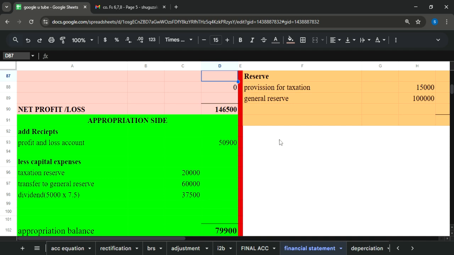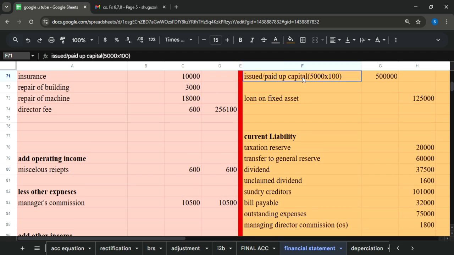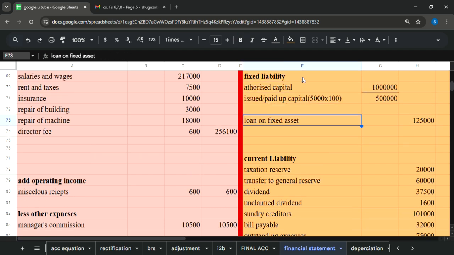Now we are going to start our calculation regarding the liability side. Here, first thing first, we will add the appropriation balance over here, which I think was 79900.